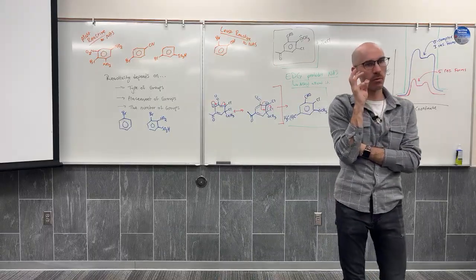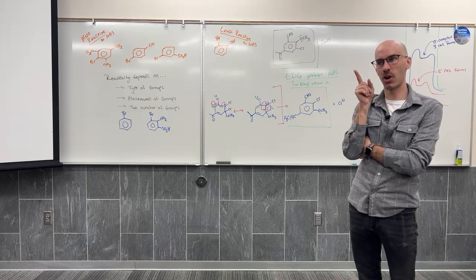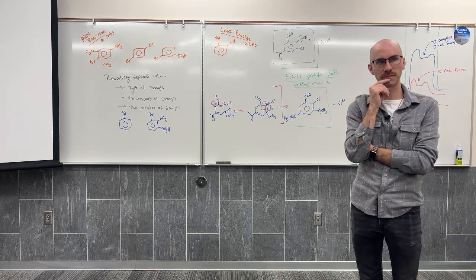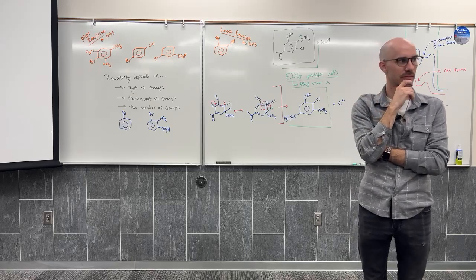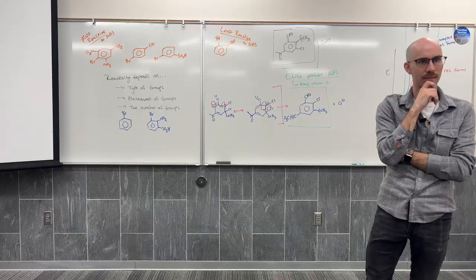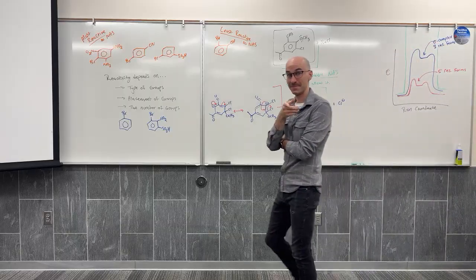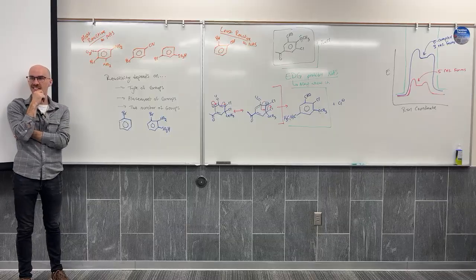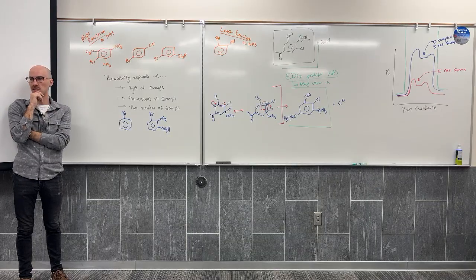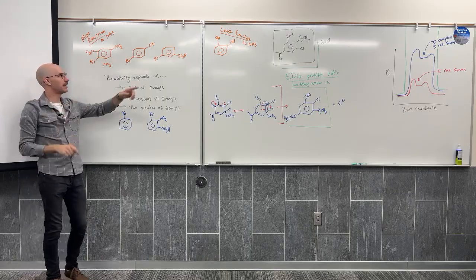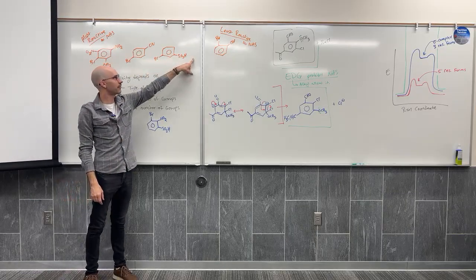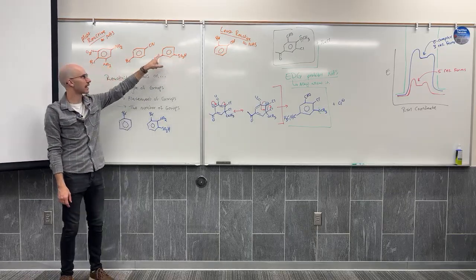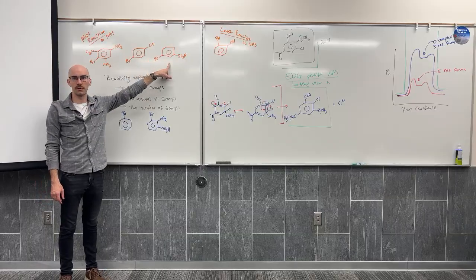But I want you to think about what makes it hard to know exactly where it goes. Jaylee, you have a thought? I would say you should be thinking that it might be more reactive than this or less reactive than this with the meta group.